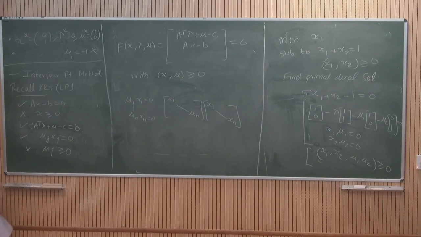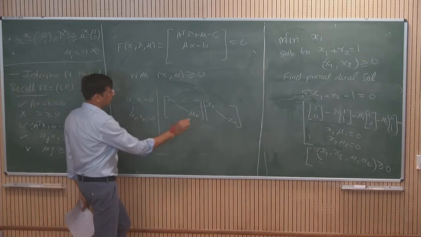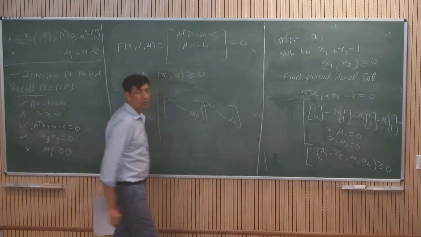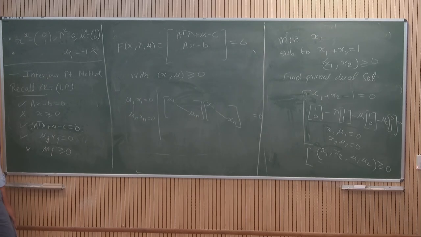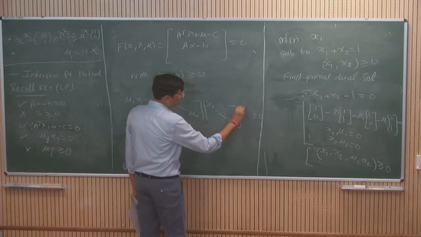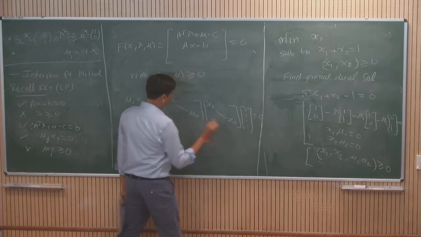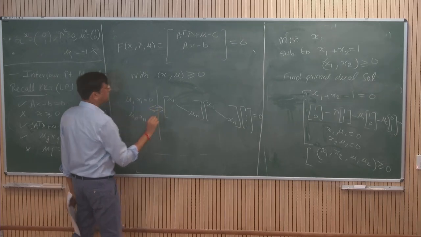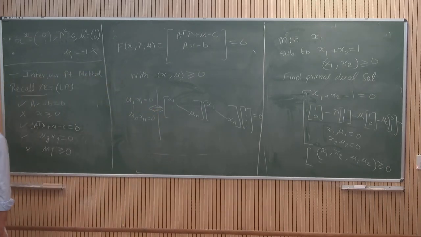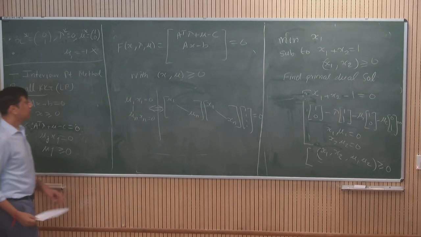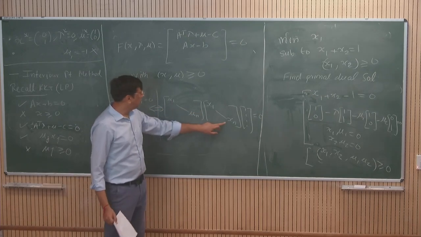How do I make it a vector like this? Sorry? 1 1 1 column vector. So if you multiply this with 1 1 1 1, these two are equivalent. Correct? This will just be mu1 x1, mu n xn on the diagonal.